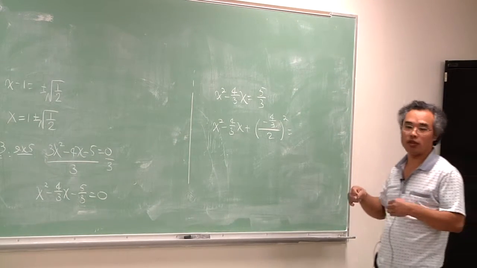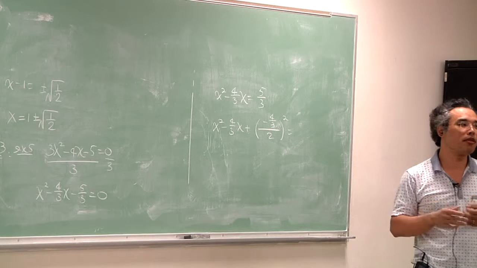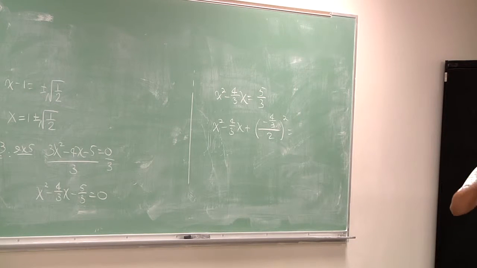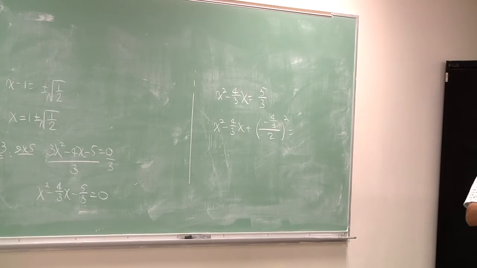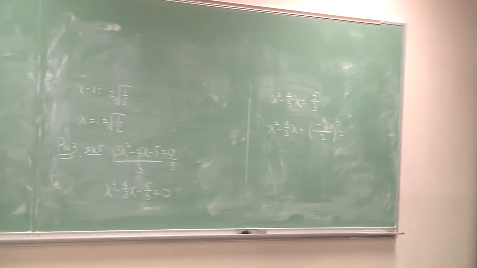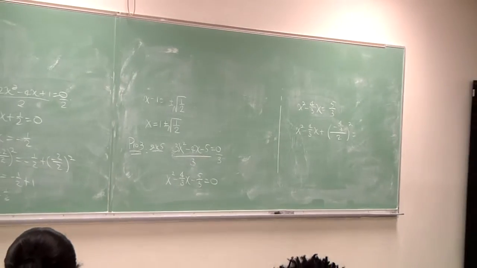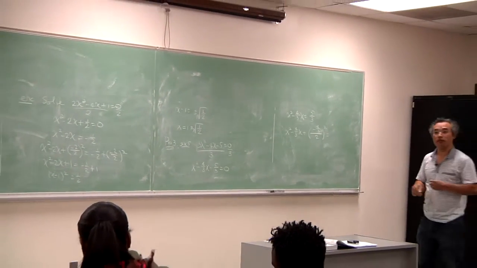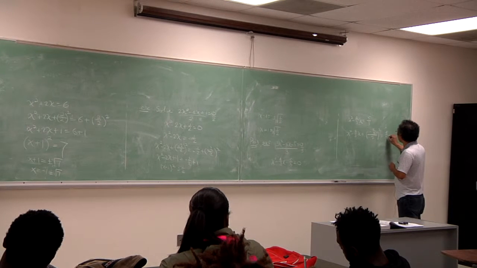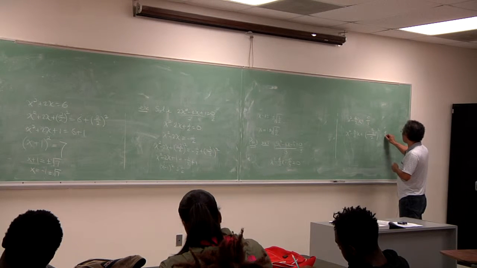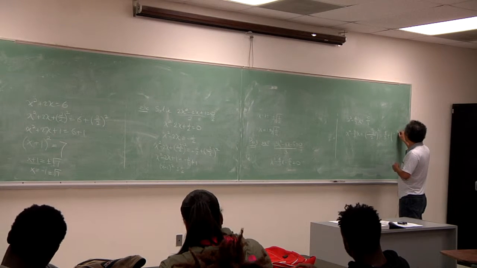Okay, so whatever the number is, we just divide that by 2 and square it, right? It can be an integer, it can be fractions, it can actually be radicals also. So everything works that way, okay? So we just add the same thing on the right.